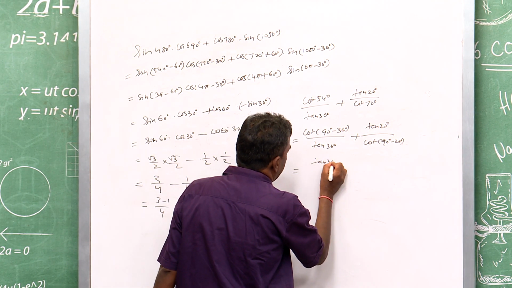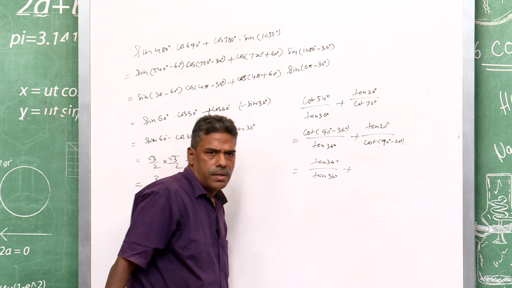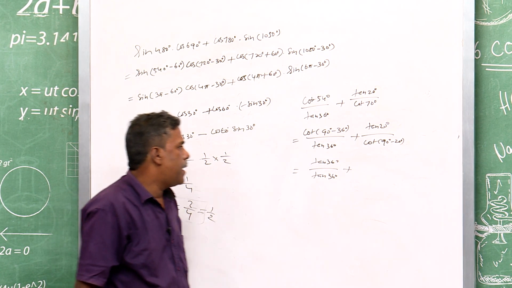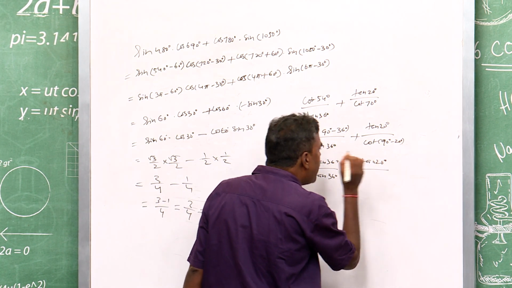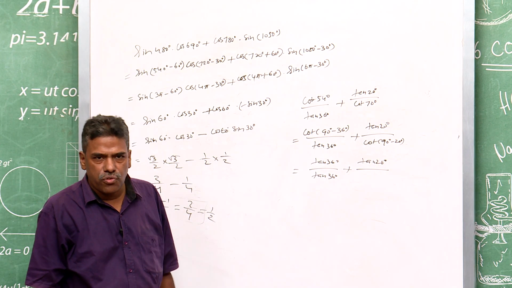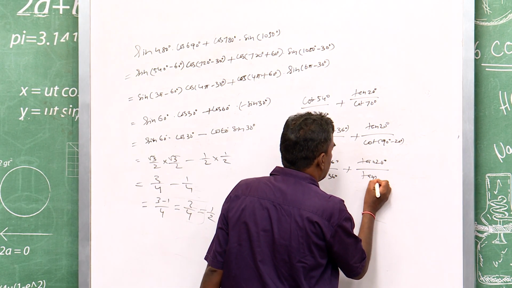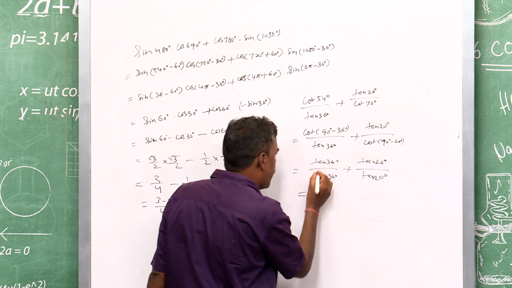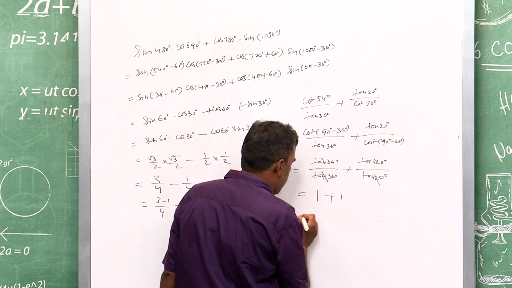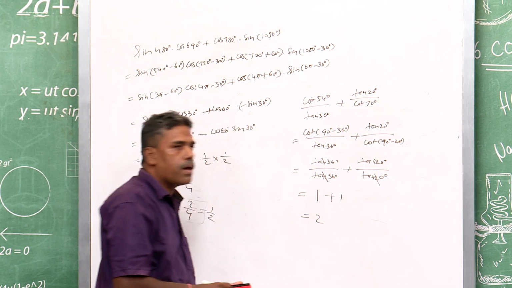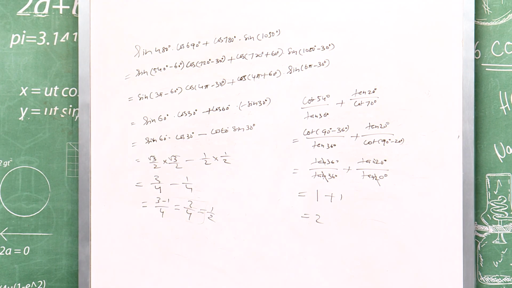So, tan 36° divided by tan 36°, plus tan 20° divided by tan 20°. Cancel out, 1 plus 1 is equal to 2. So, the value of that is 2.